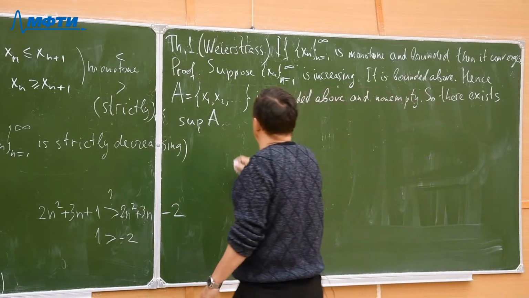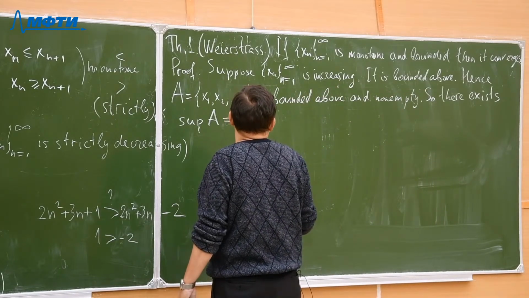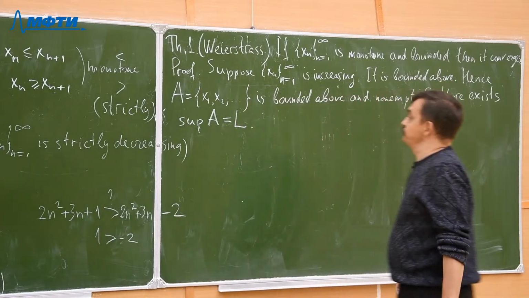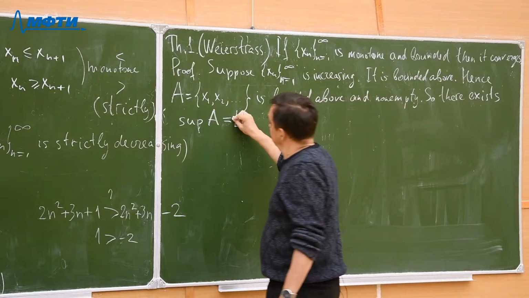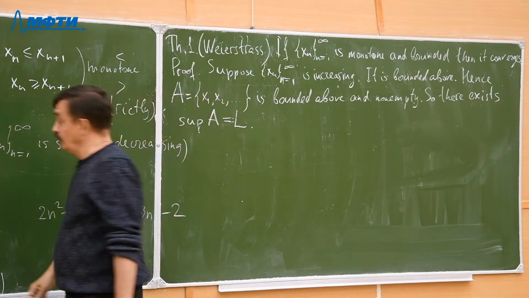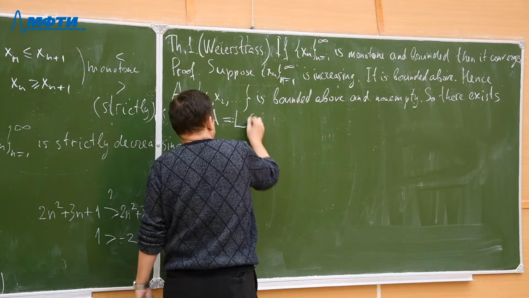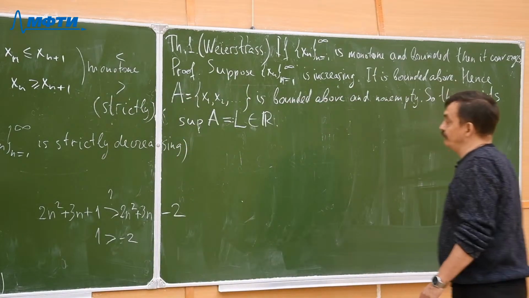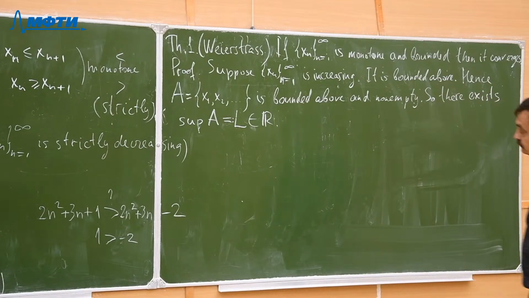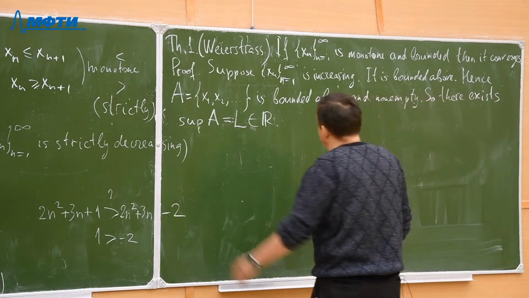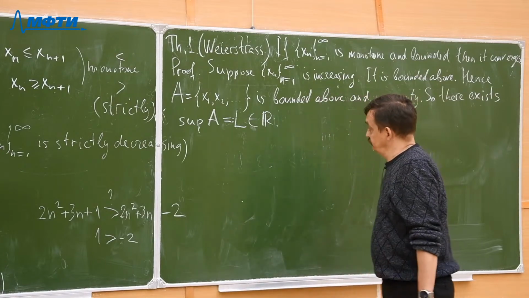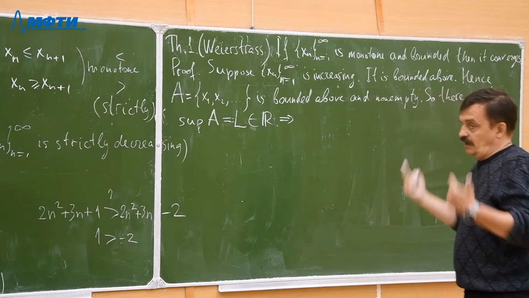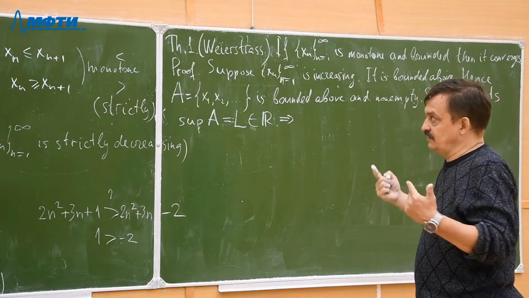Let it be L, which is a real number. By the definition of the least upper bound, what does least upper bound mean?